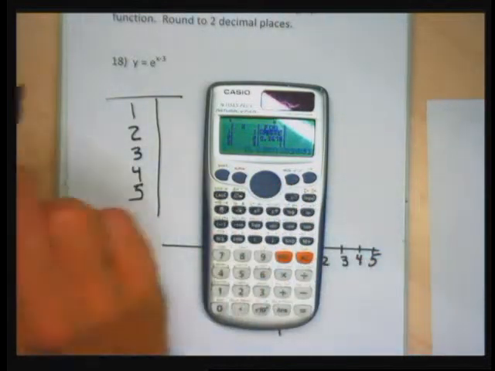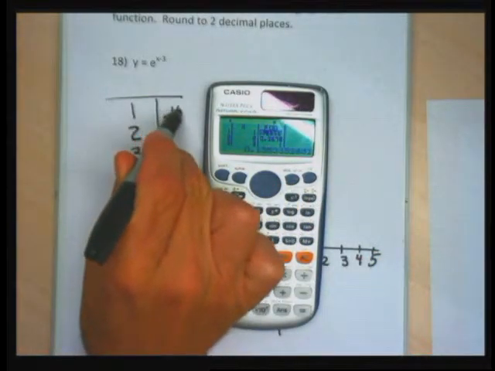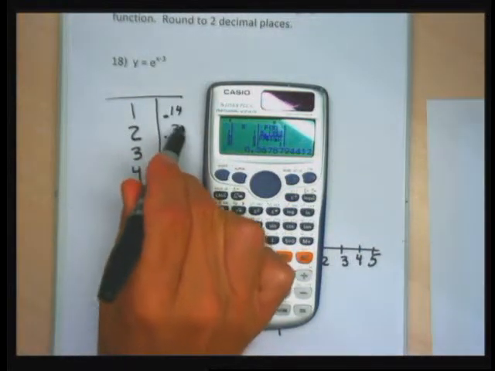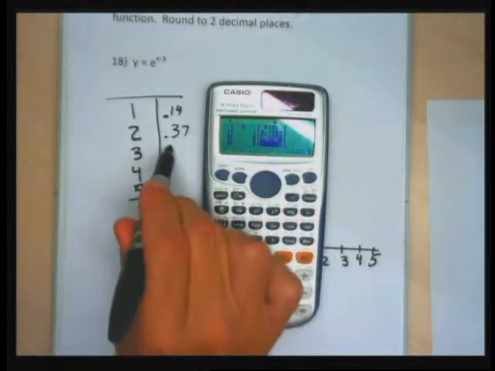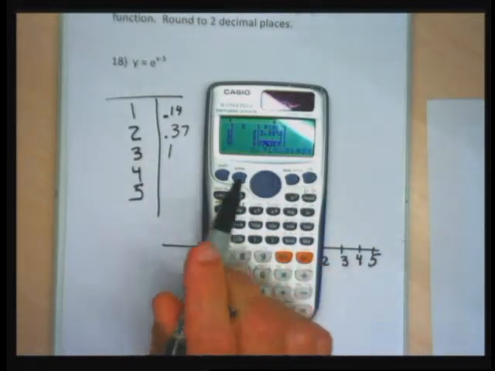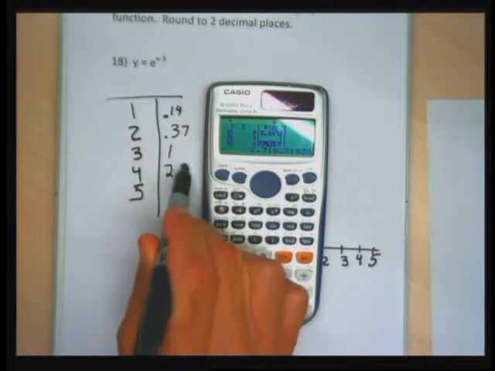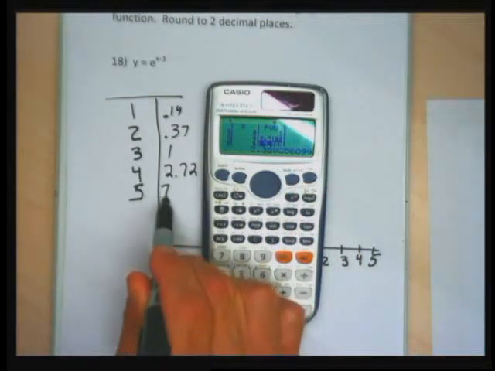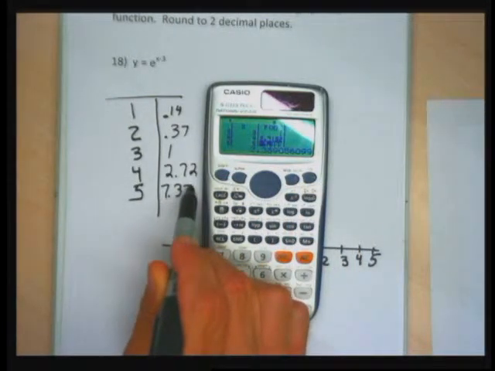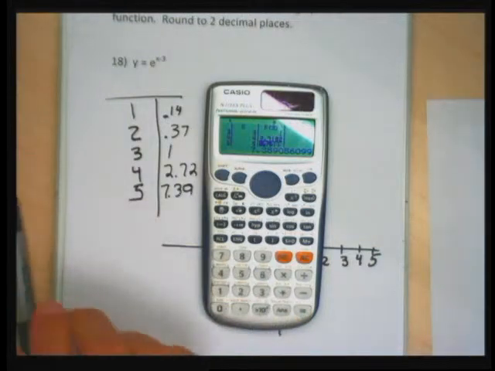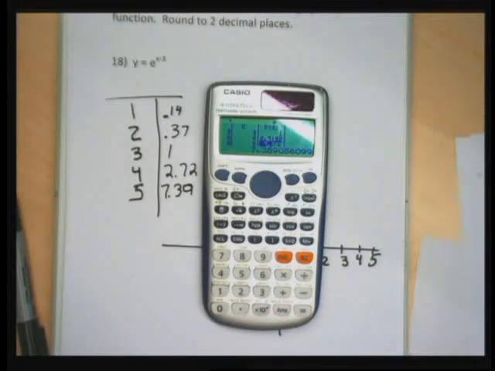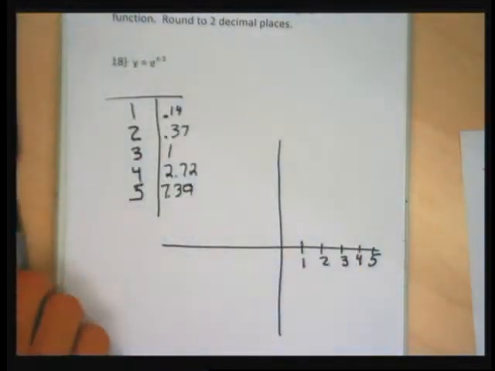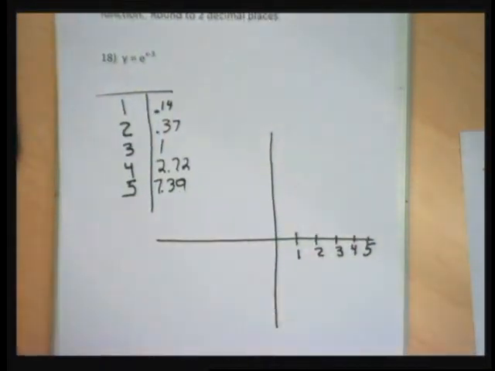I get the same 0.14, this time next to the 1, the 0.37 next to the 2, the 1 next to the 3, 2.72 next to the 4, and 7.39 next to the 5. So I have all my y's and x values. I'll plot the points. The graph's going to look the same. It's just going to be in a different location.